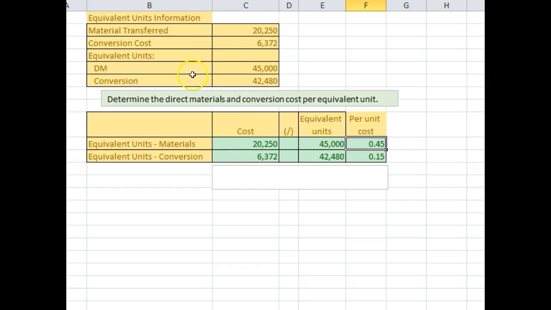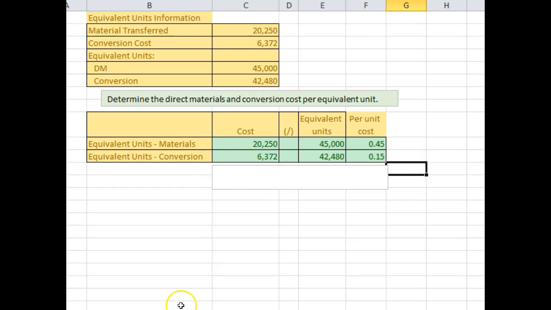For conversion, our cost was $6,372 over 42,480 units, so that cost 15 cents to convert. So each unit actually cost 60 cents with materials and conversion.